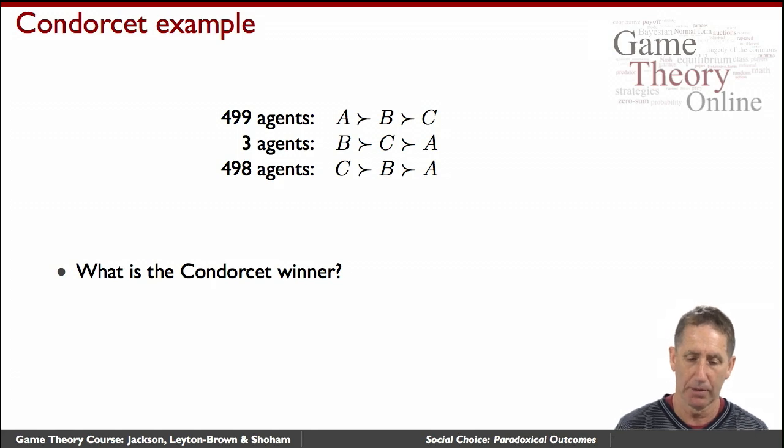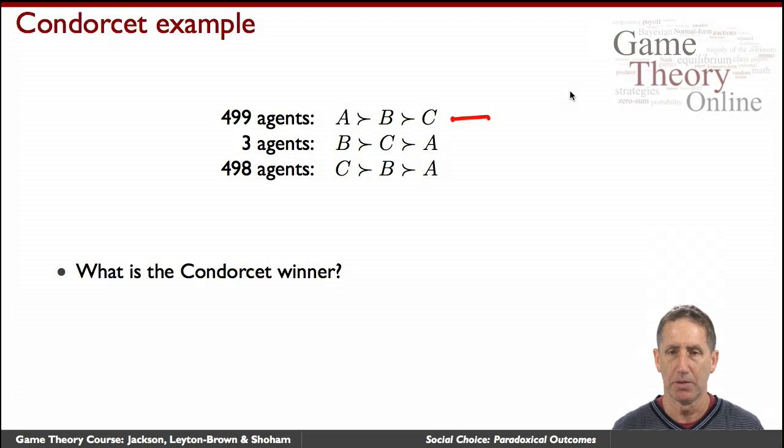For example, 499 of them prefer A to B to C, and so on for the others. First question: not every voting situation has a Condorcet winner. Does this one have one? It's a good time for you to pause the video and think about it. Well, the answer is yes. There is a Condorcet winner, and it's B.